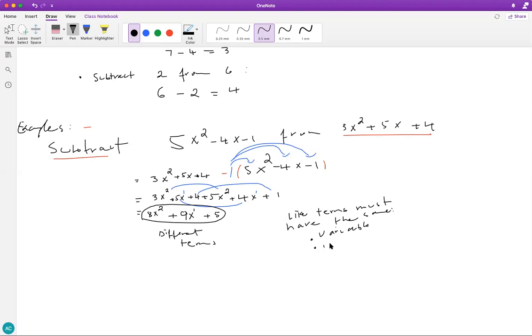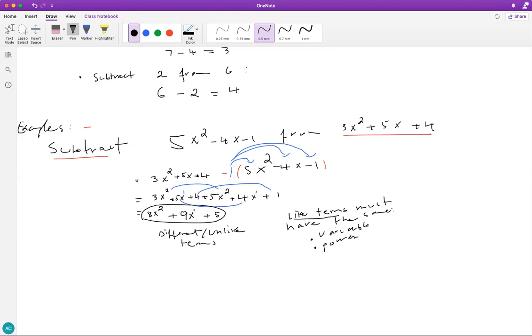Exactly, same power. That's what we call like terms. In order to combine them, they must have that. Otherwise, you can't add them. For example, these are different, or unlike terms. Because the powers are different, that's why we can't add them. It's basically as simple as you can get, so there's nothing else we can do.